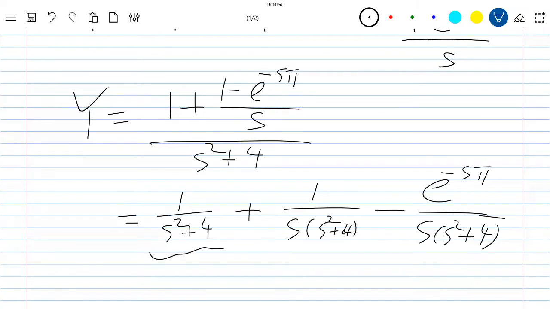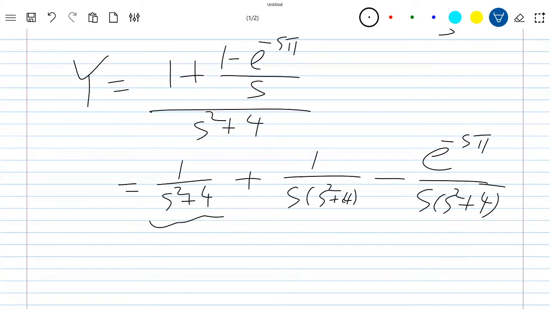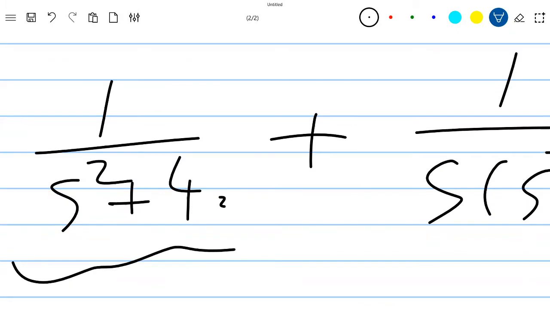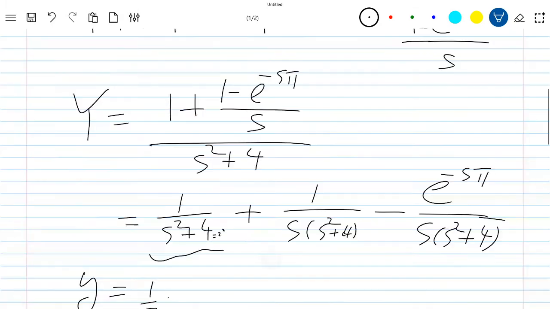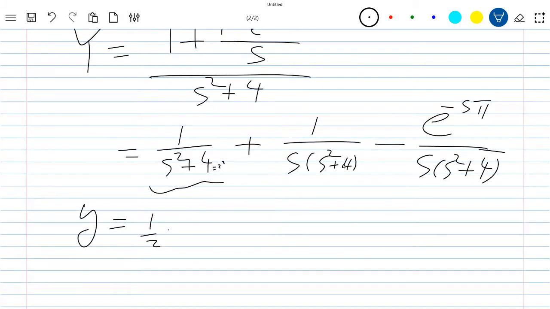And this can be solved using the trig function. I mean, the little y would be a trig function. And if you remember, this is 1/2 times, this is 2 squared, so this will be 1/2 times sine of 2t.